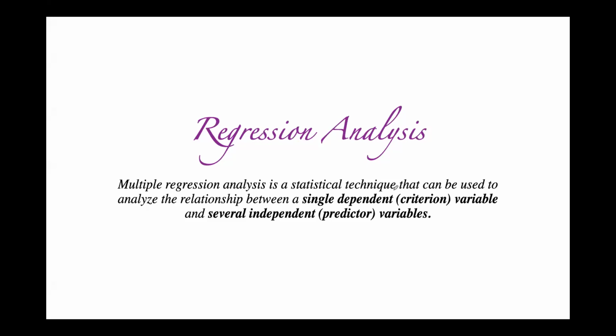Multiple regression analysis is a technique that can be used to analyze a relationship between a single dependent variable and several independent variables. It simply means you have one metric dependent variable and you have multiple metric or non-metric independent variables.